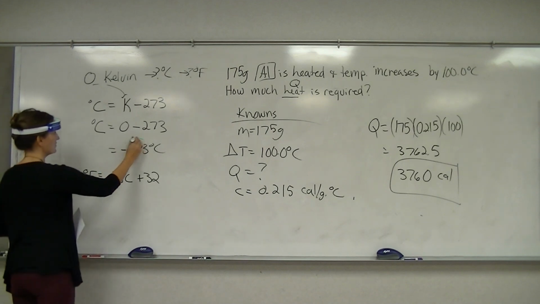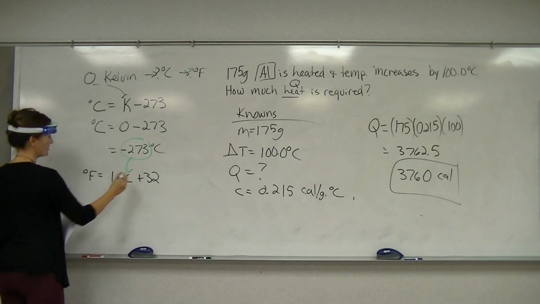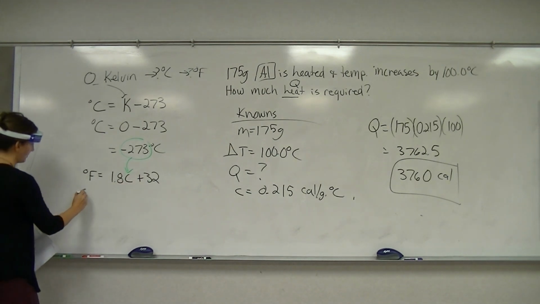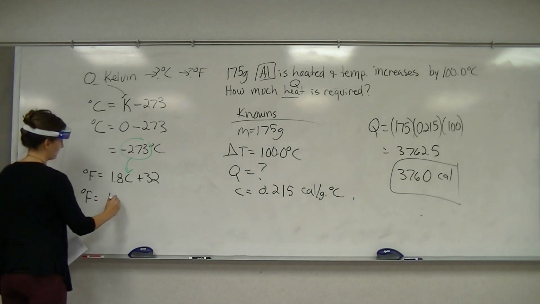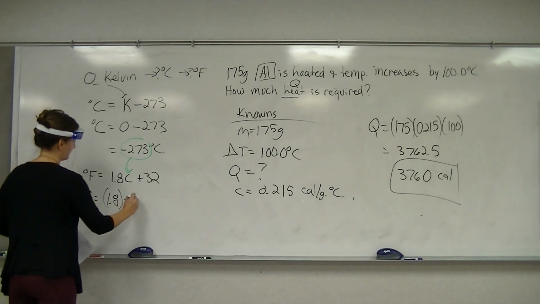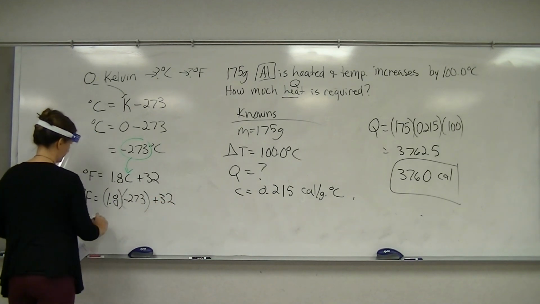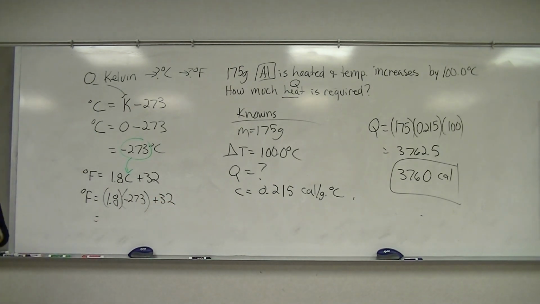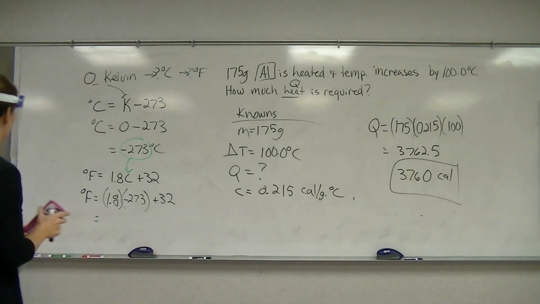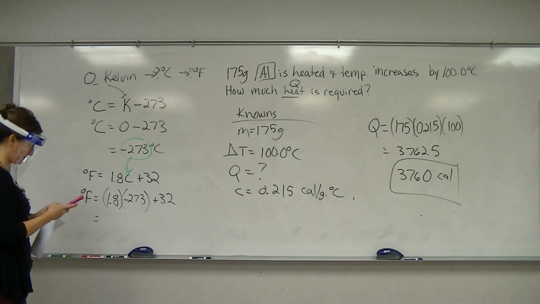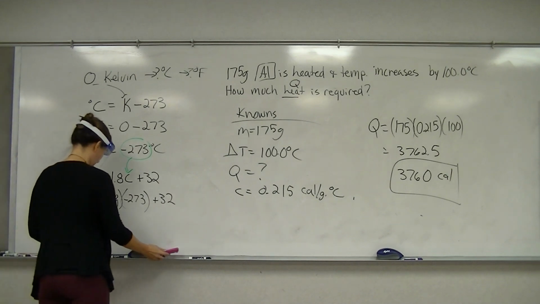So we take this negative 273 and plug it in where the C is. Negative 459.